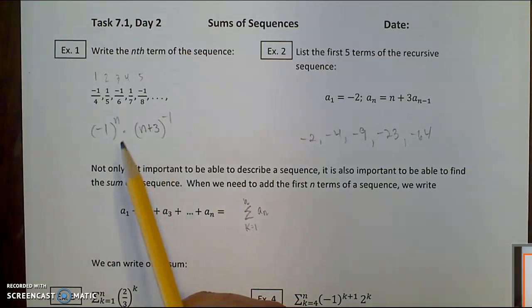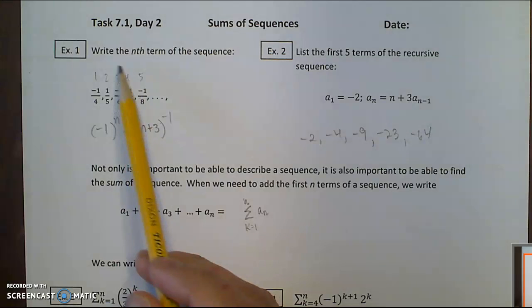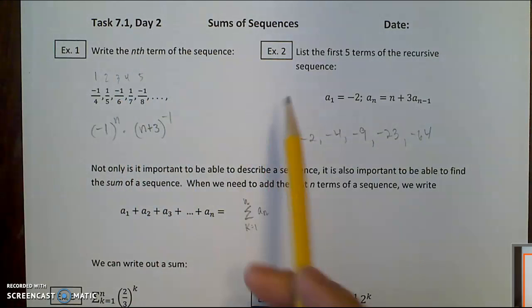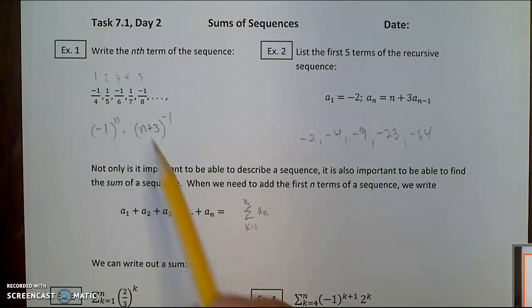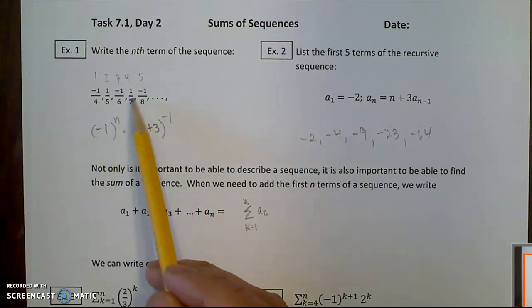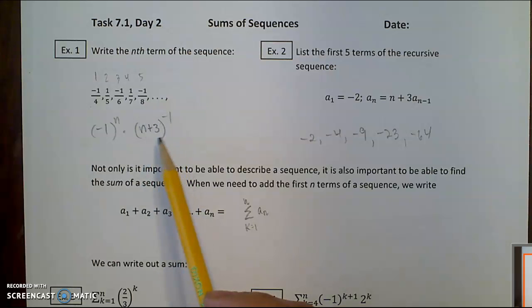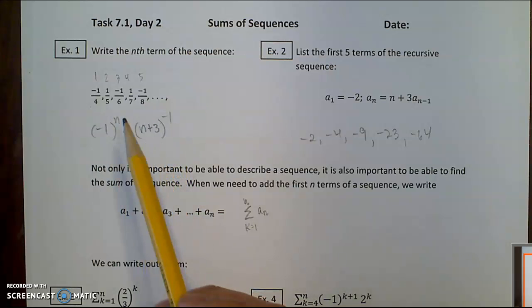So for the first one, we were asked to find the nth term of the sequence. So basically writing the explicit function for this sequence. So again, we notice that the signs of the terms alternate from negative to positive.